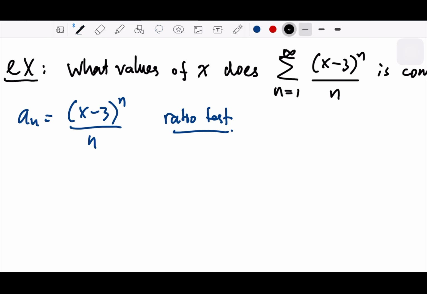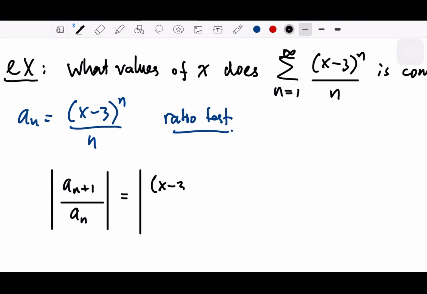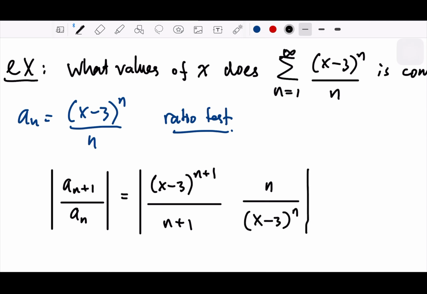If we let this be a_n, then for the ratio test, take a_(n+1) over a_n. This will result in x minus 3 to the n plus 1, over n plus 1, and then n over x minus 3 to the n. Let me just write the comparison first, and at the end we can take the limit.